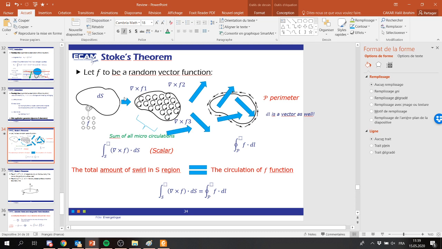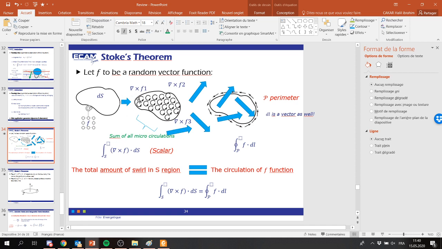The first method is looking at the fish farm in a very microscopic way, in order to obtain the flow in every single square millimeter or square nanometer of the fish farm, so the small fluctuations or small flows present everywhere in the area.